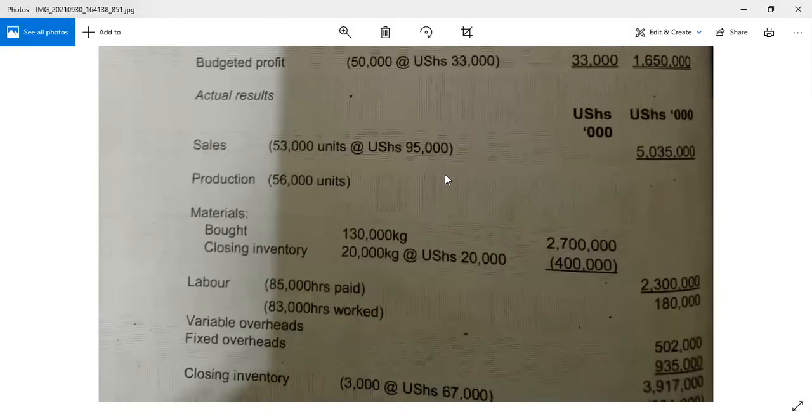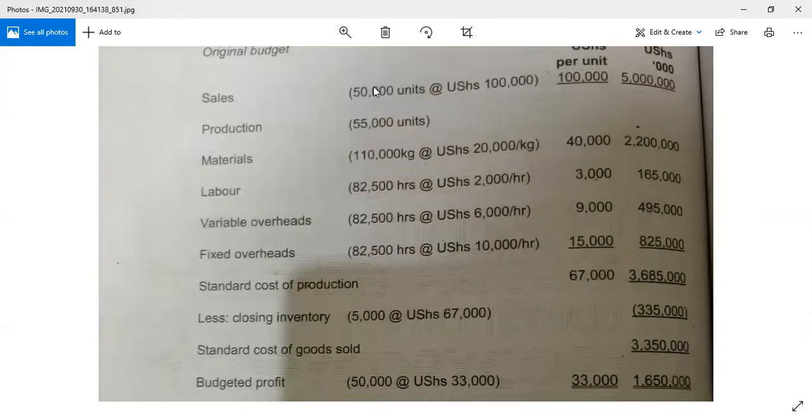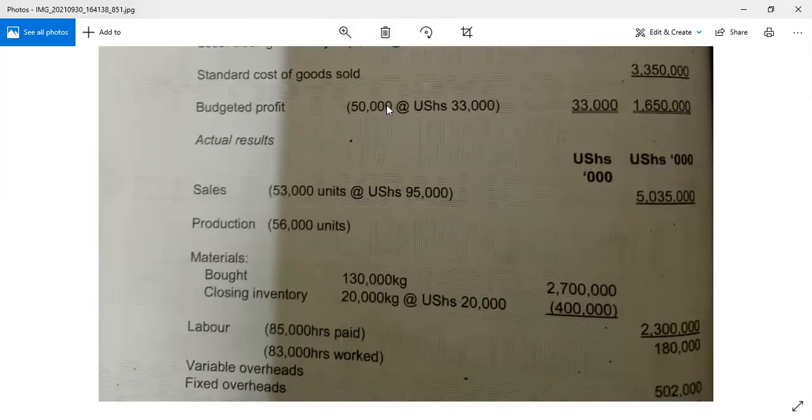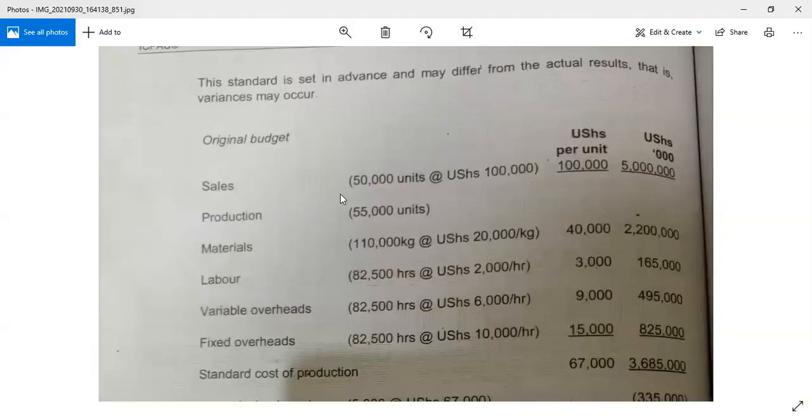So we move down, then we have the actual results, okay. As you can see up, we budgeted for 50,000 units, and down here we have 53. The sales, we were able to sell 53,000 units compared to the 50,000 units budgeted, okay.